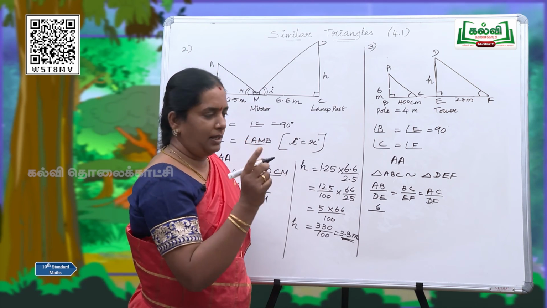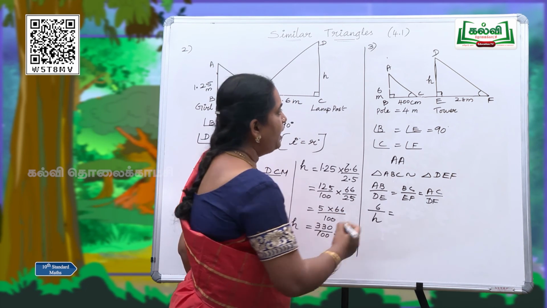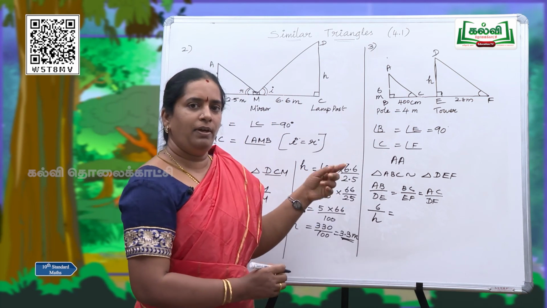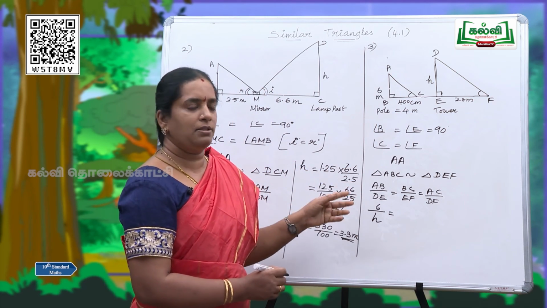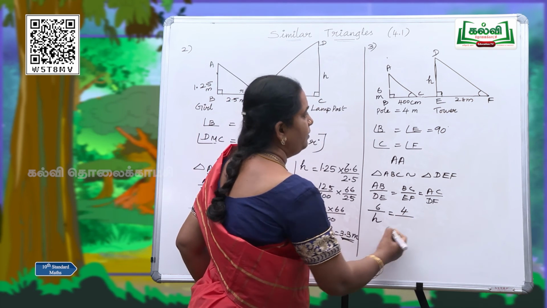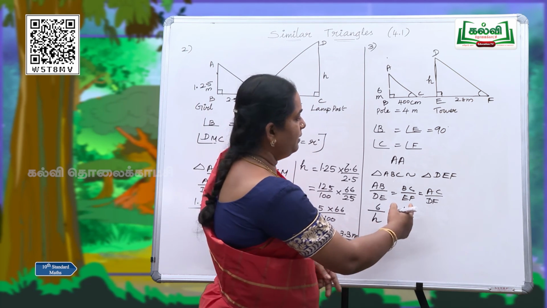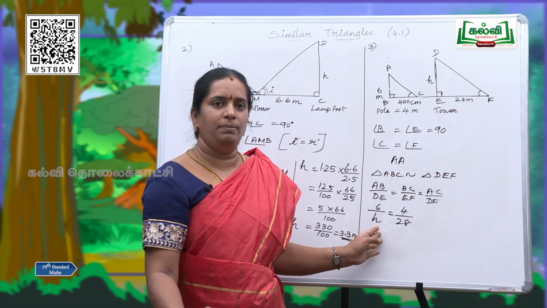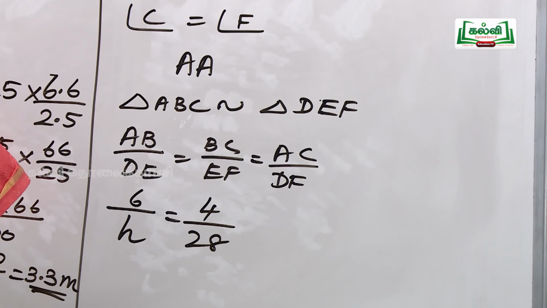What is DE? Yes, it is to be found, H. And BC, look at BC, BC is 400, but we have changed it into 4 meters. So you have to take that unit, 4 divided by, yes, EF is 28. So you have the fraction multiplication, you know very well. Find the height of the tower and give your answer.